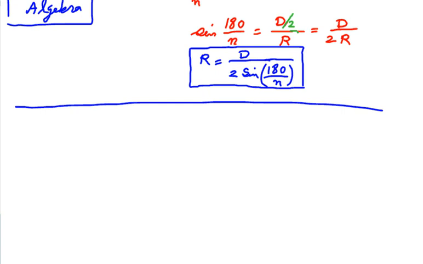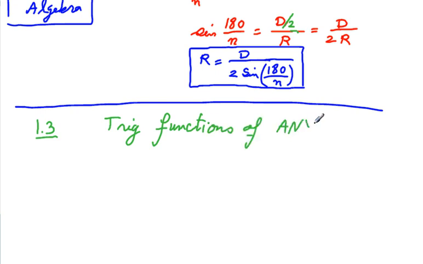Okay. Going to a much more advanced issue, which is the issue of trig functions of any angle. What do I mean, any angle? Everything we have done so far in sections 1 and 2 are so-called acute angles.